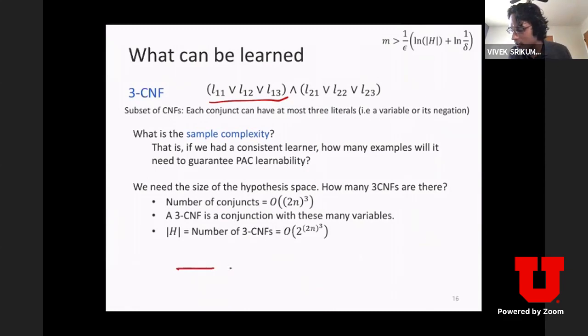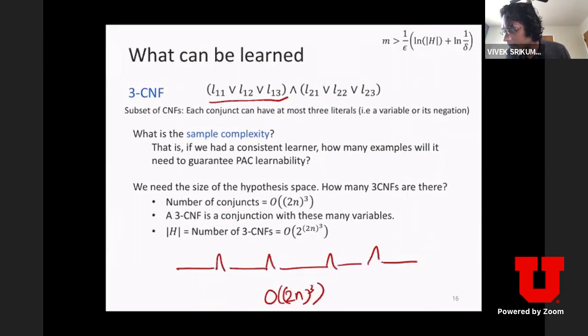So you have order of 2n cubed slots, and we're building a conjunction. In every position, we can either put this conjunct or not.